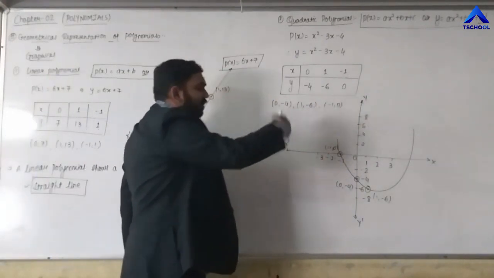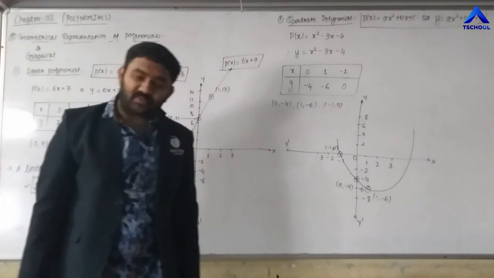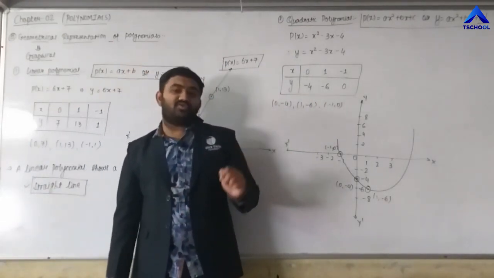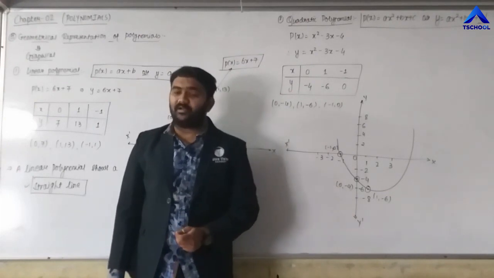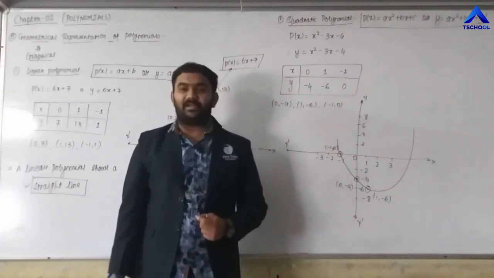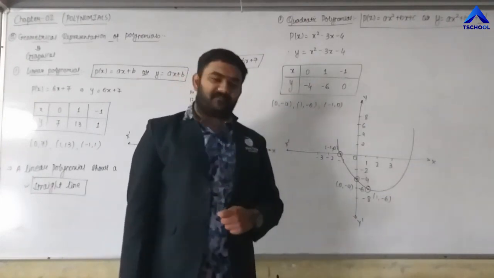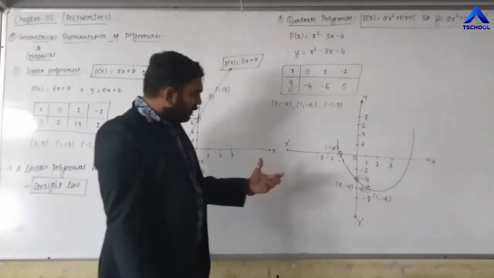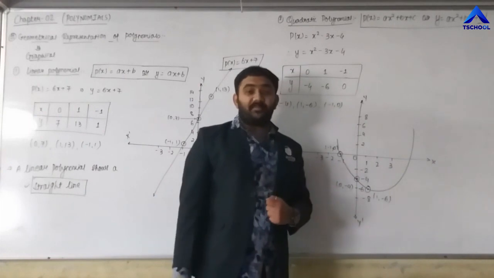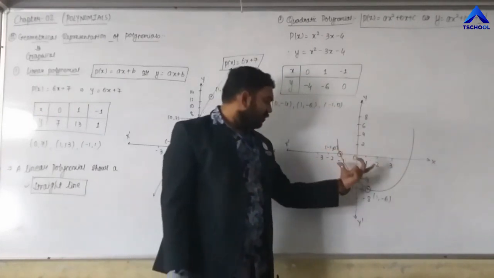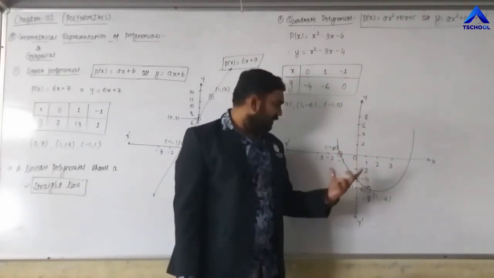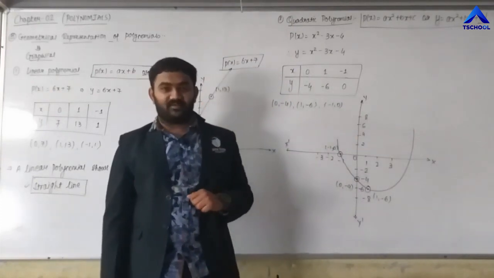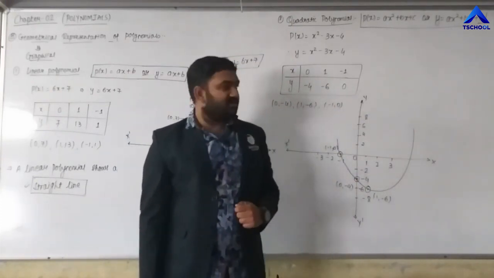So the graph here is somewhat in the shape of a U, and a U-shaped graph in mathematical terms is known as a parabolic curve, a parabolic graph, right? So now you can see here this U-shaped graph that is plotted here has its mouth opening towards the upper side, towards the y-axis, right?